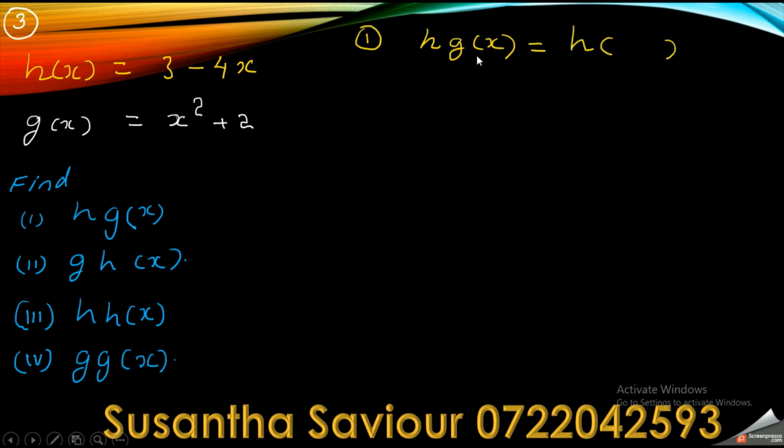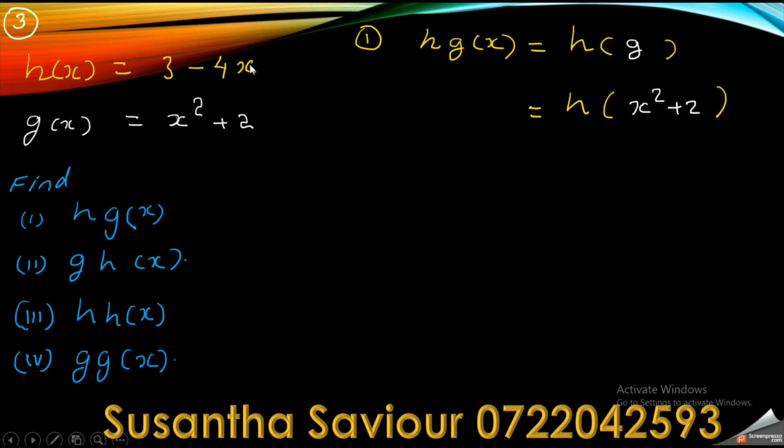h(g(x)). h(g(x)) is equal to, in the function h you apply g, and then instead of g, what is g actually? x squared plus 2. In the function h, wherever you find x, x is replaced by x squared plus 2.